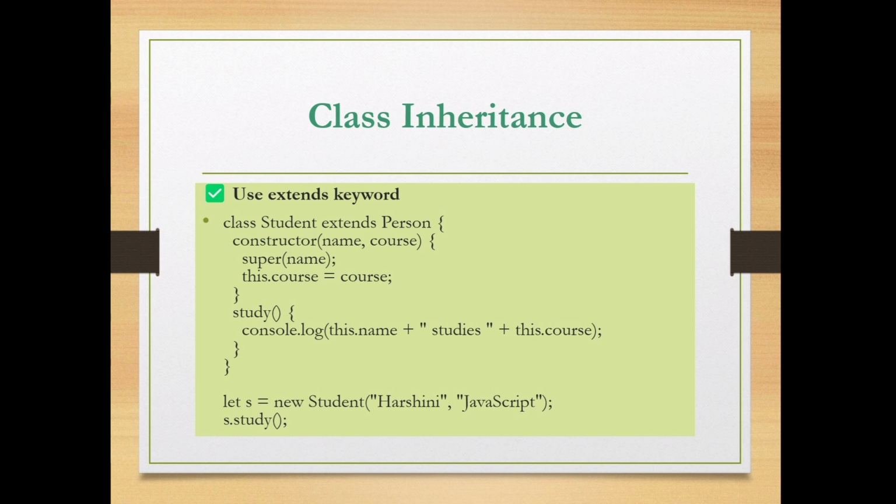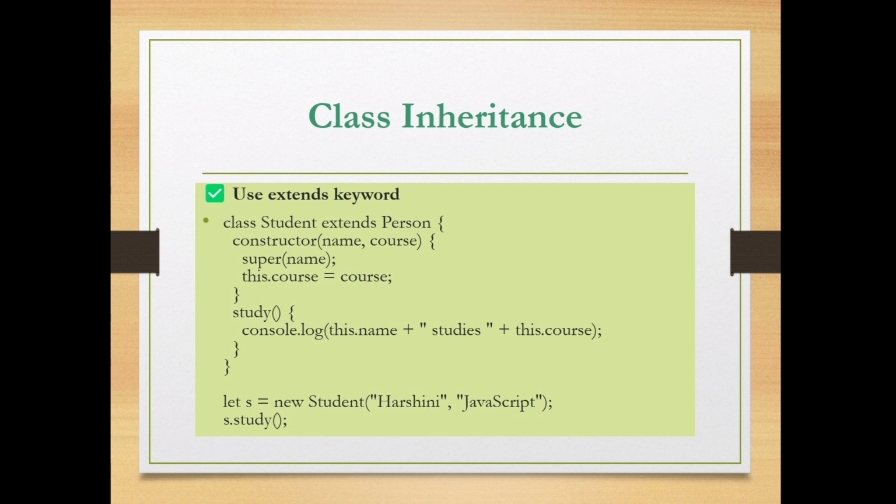Inside the class, I am creating one constructor using name and course, and I am using the super keyword. This super keyword runs the parent class. Here I am using super of name, then it will go to the parent class and take the values. Next I am taking this dot course equal to course.